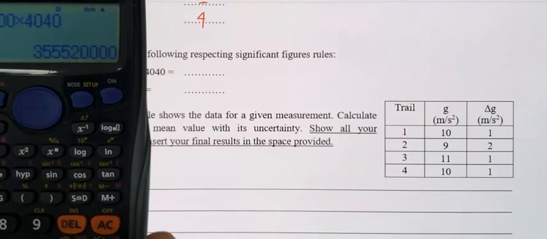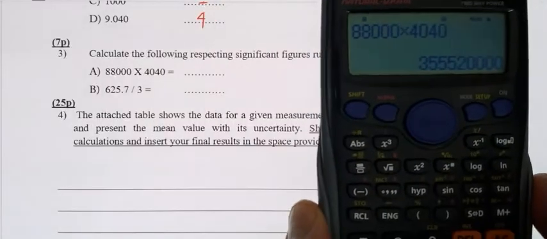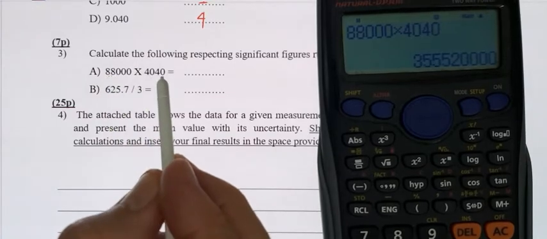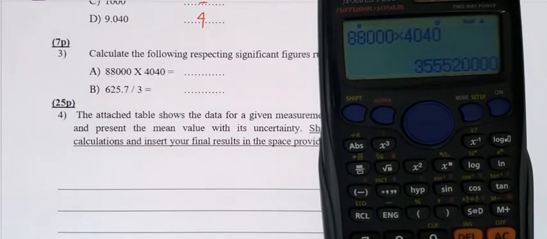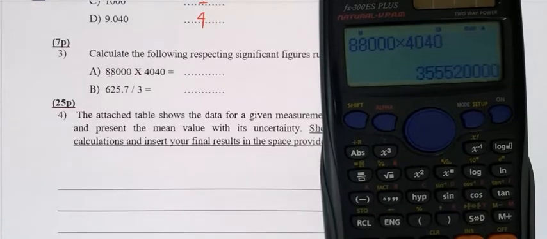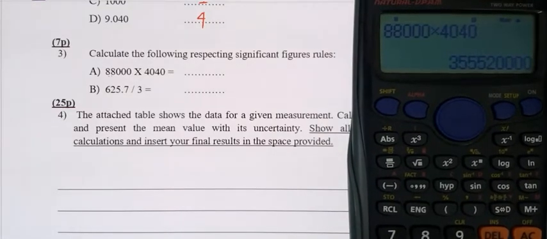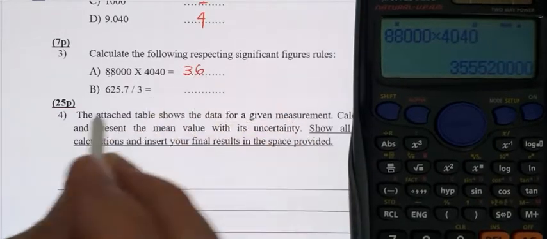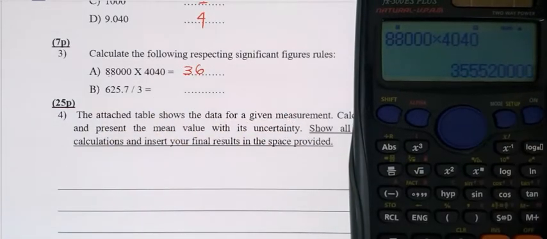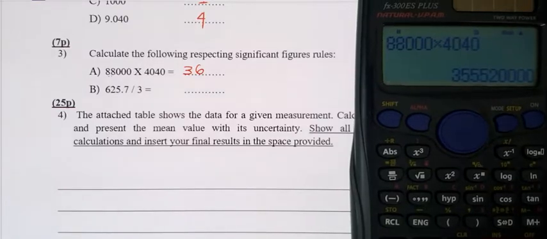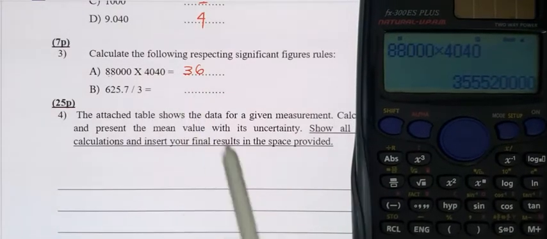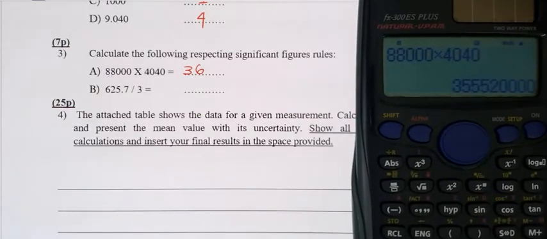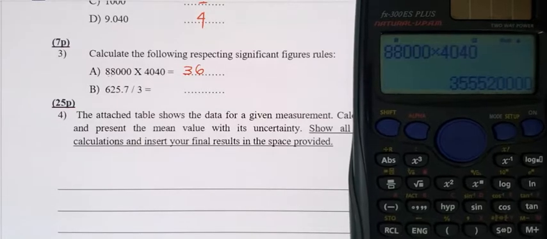Now I need to decide how many significant figures. Well, this number has 2. This number has 4. So the answer should have only 2 significant figures. That means I will have 3 and 6, and the rest I need to truncate. However, I cannot write 36 only, because that's too small for the number.